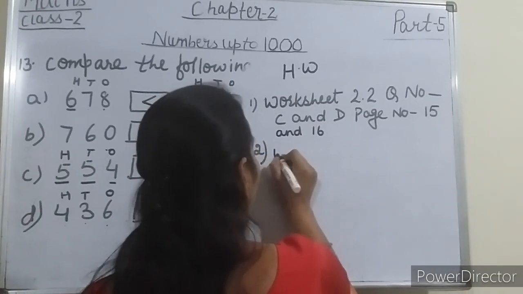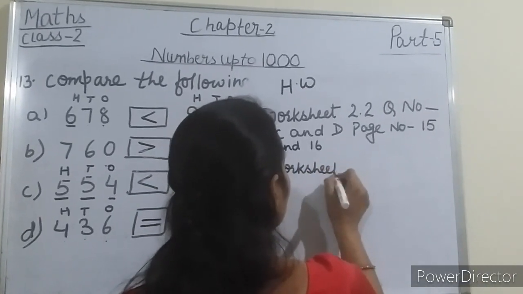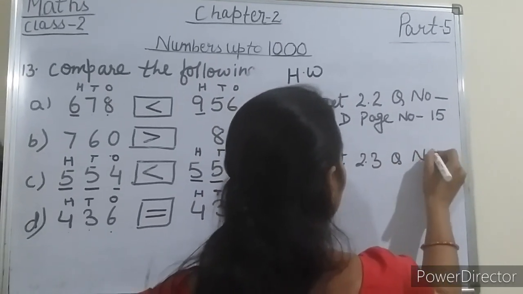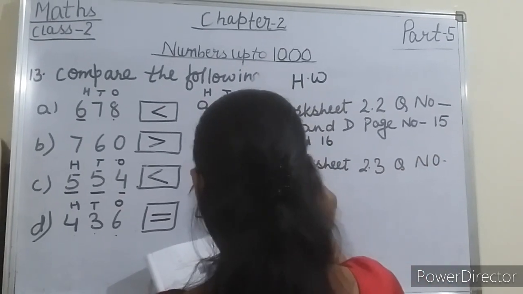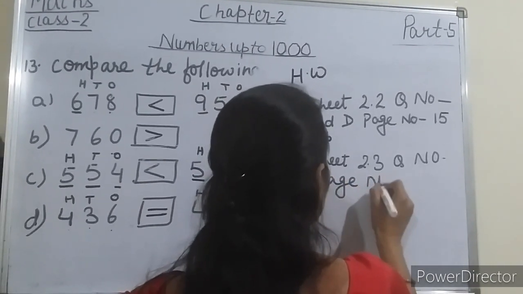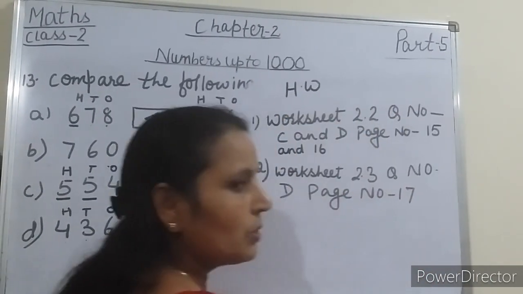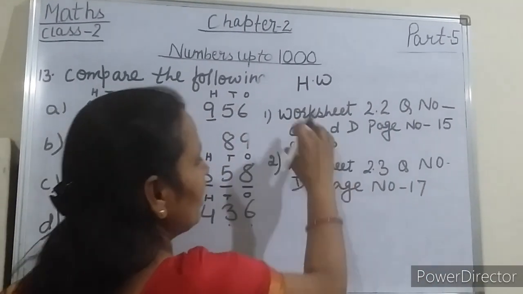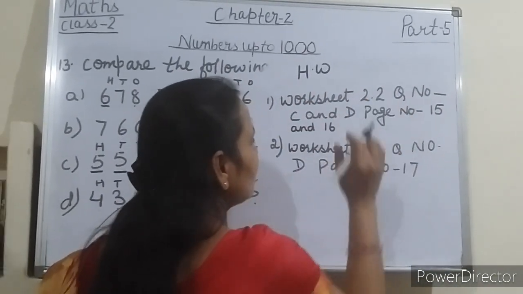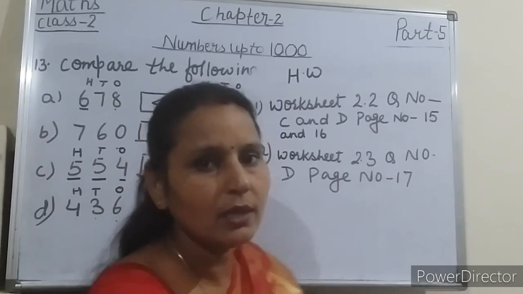And the second one is worksheet 2.3, question number D, page number 70. So students, I have given you two homeworks. One is worksheet 2.2 for predecessor and successor, and worksheet 2.3 for comparing numbers.